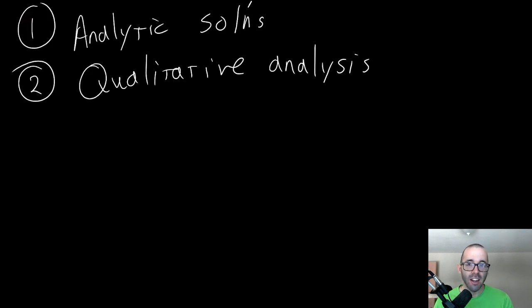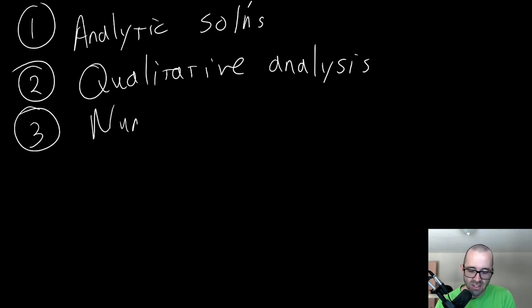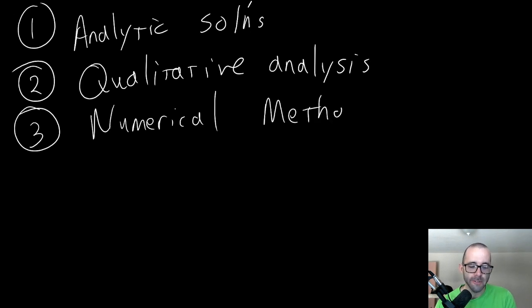And we're going to do that a lot again later on in this chapter with something called slope fields. Slope fields are super cool, and pretty simple ways of doing qualitative analysis. I love that. And then we'll also talk about numerical methods, how we can approximate the solutions with computers.